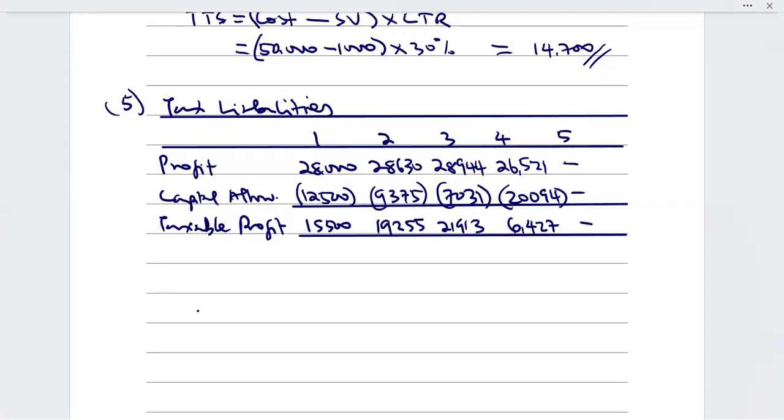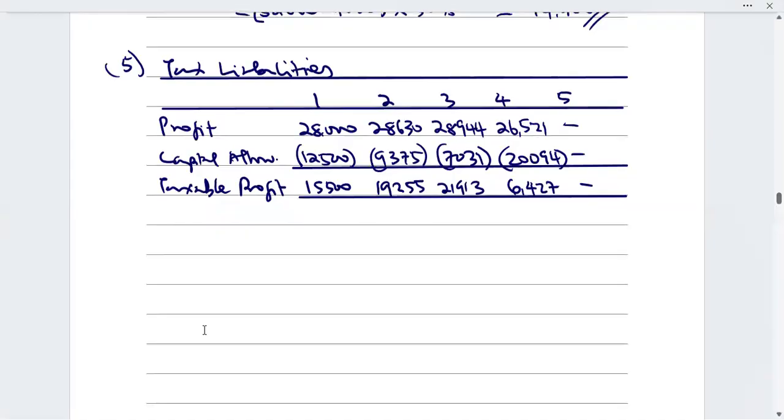It is on this taxable profit I'm going to pay tax. So the examiner has told us that tax is payable at 30%.